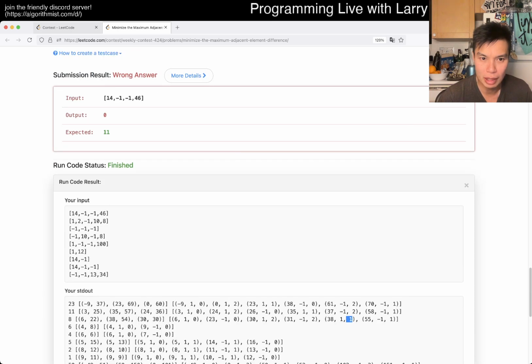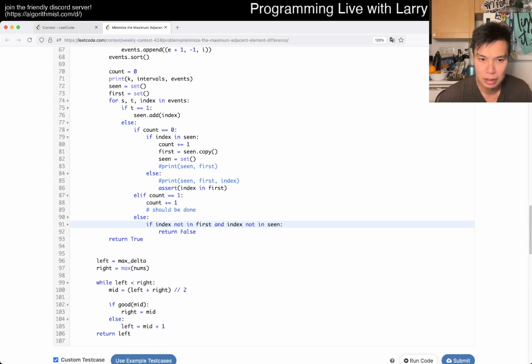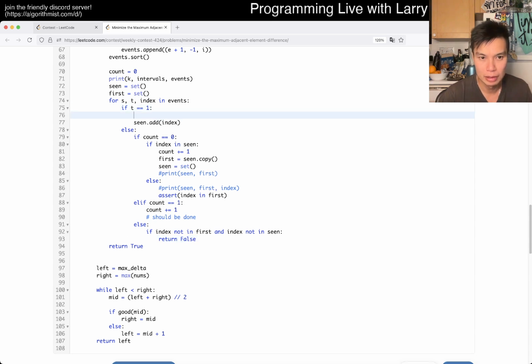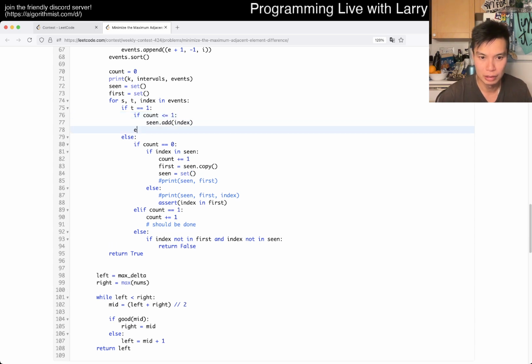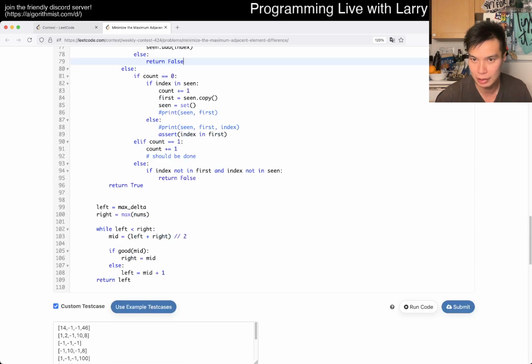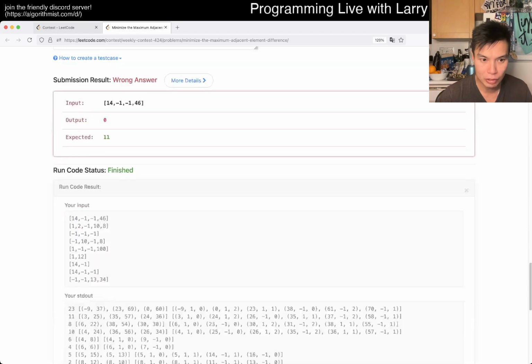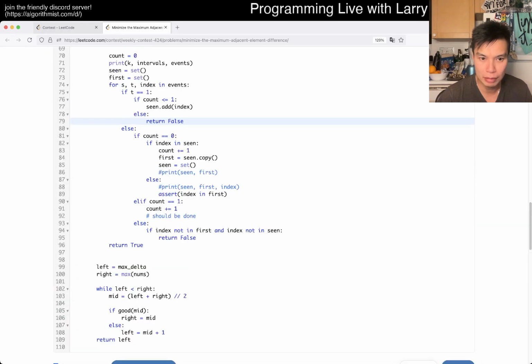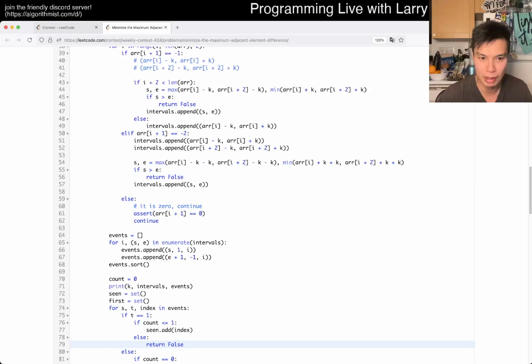So why is this not... should be done. Oh, because of this, I'm just being dumb. Okay, so if count is less than or equal to 1, then you have this, else return false. Okay, that's actually not a great mistake, but also a fixable mistake, so that's fine, maybe.